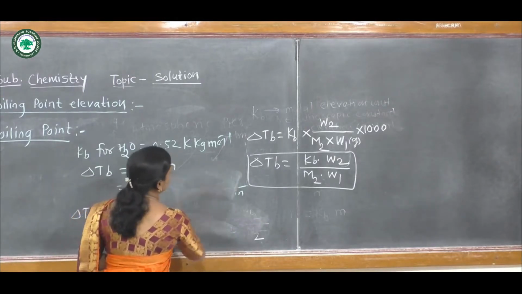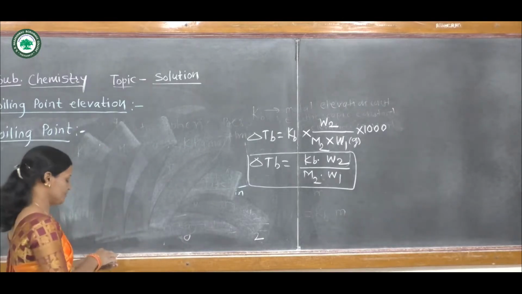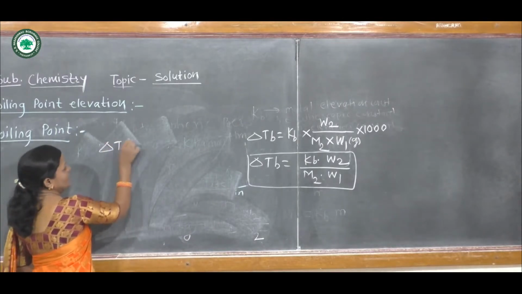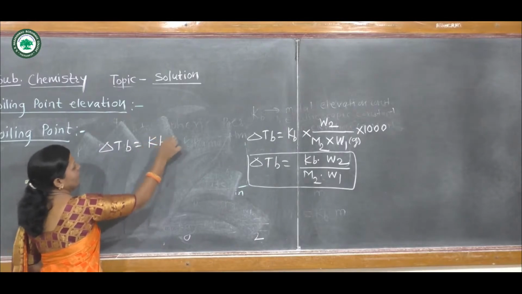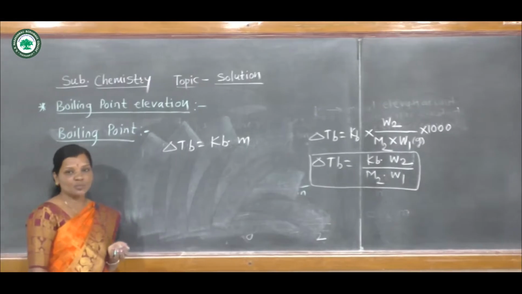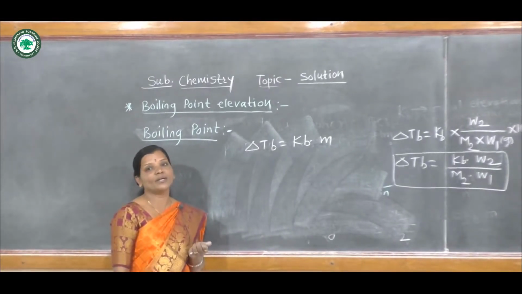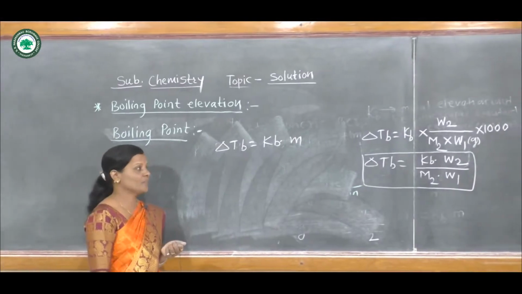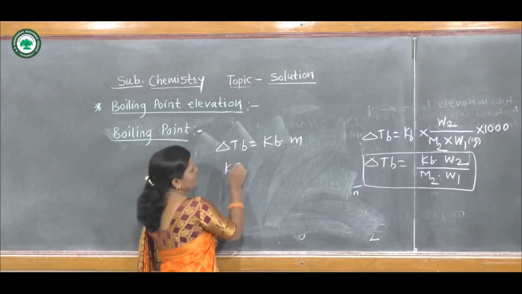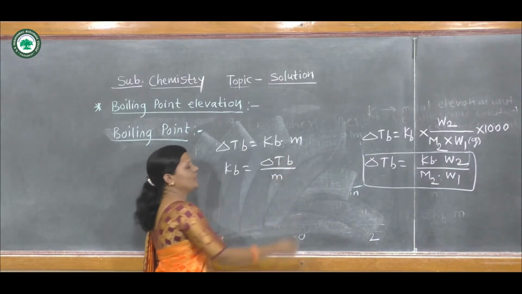Let us consider the equation delta Tb is equal to Kb into m. Here m means molality, that is nothing but the number of moles of solute divided by the weight of solvent in kilogram. That means we can write Kb is equal to delta Tb divided by m.